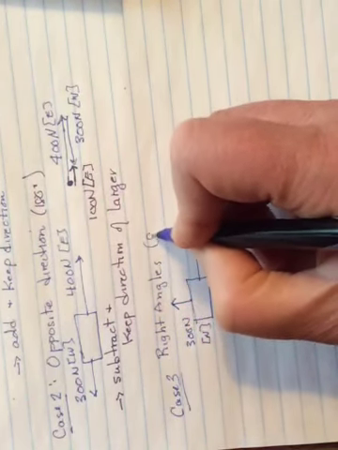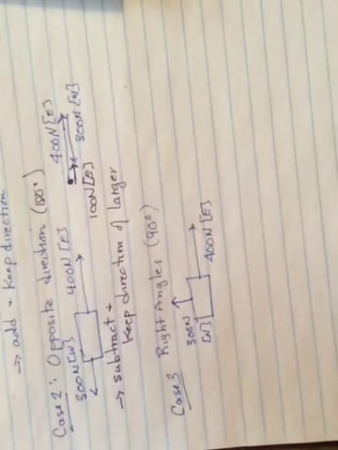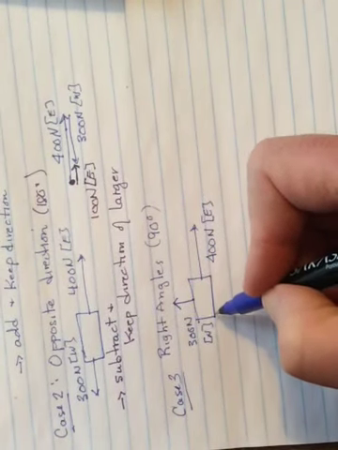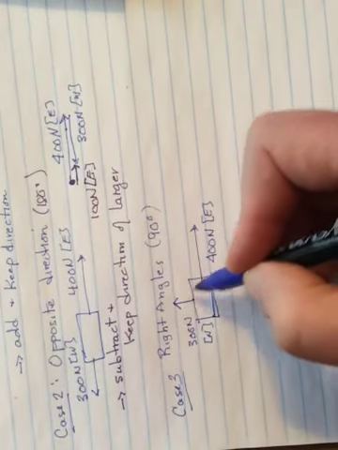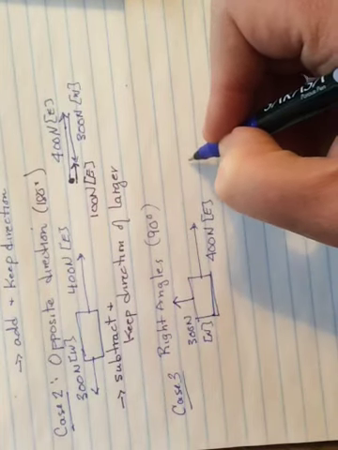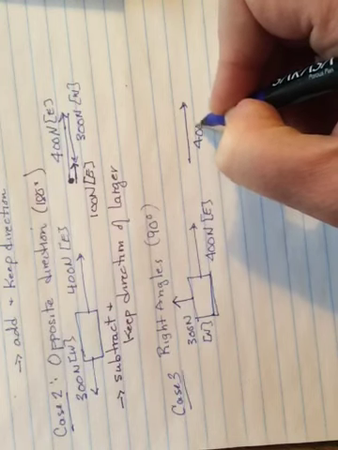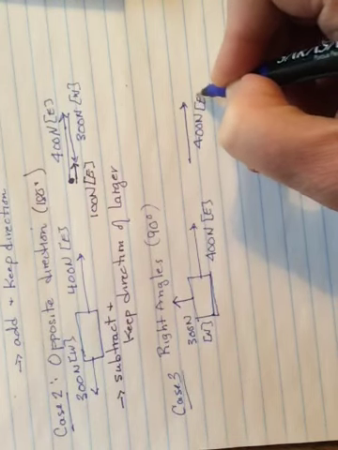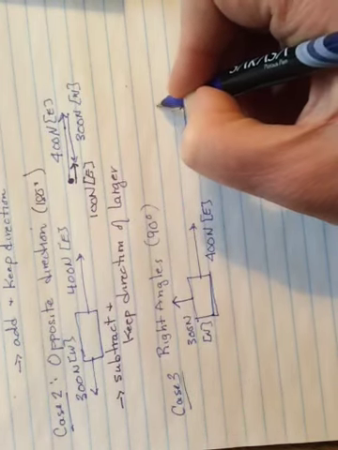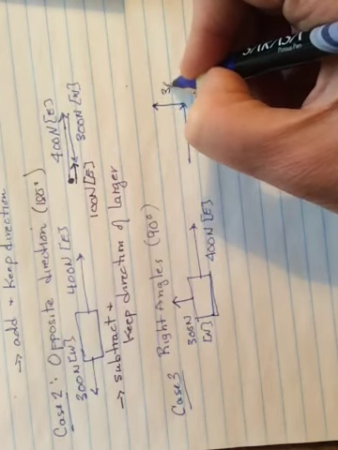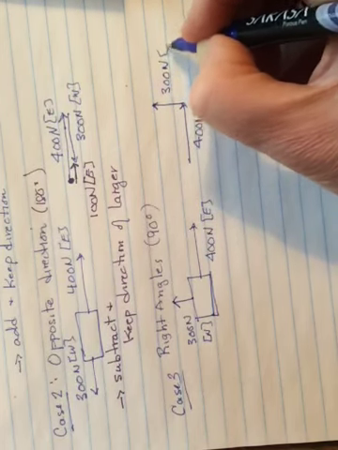And of course, right angles is 90 degrees. Okay, so we want to find the resultant, but before we can find the resultant, we have to line them up head to tail. So it's like one guy is pushing this way, 400 newtons east, and the other one is pushing this way, 300 newtons north.